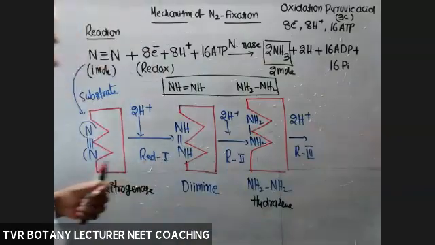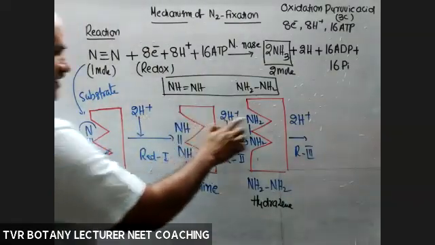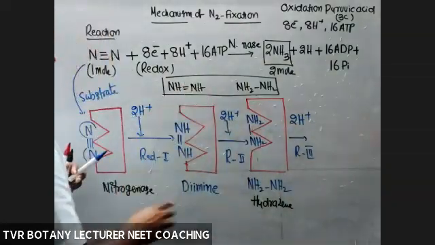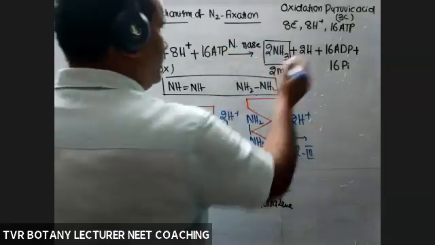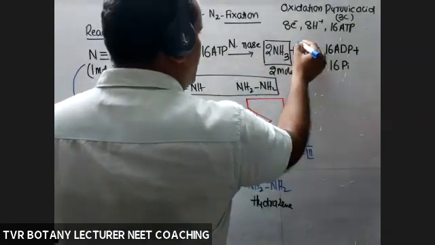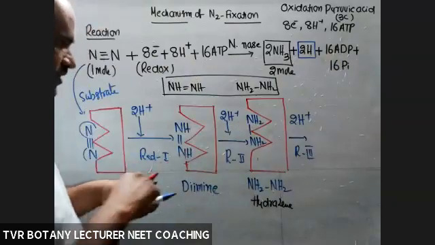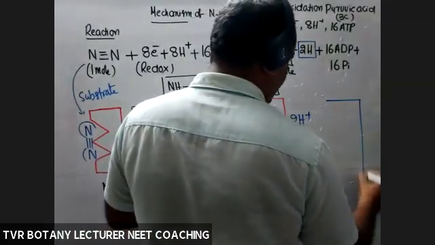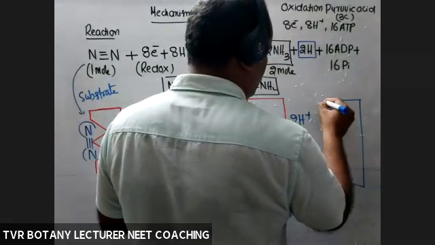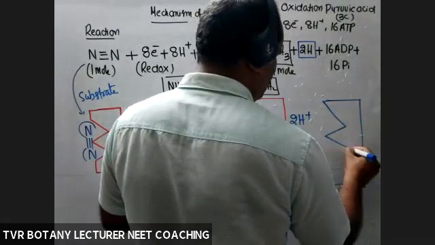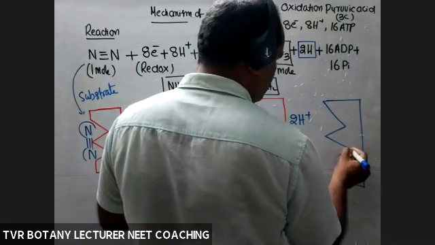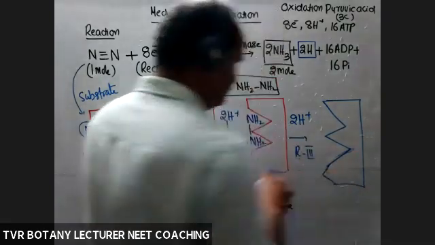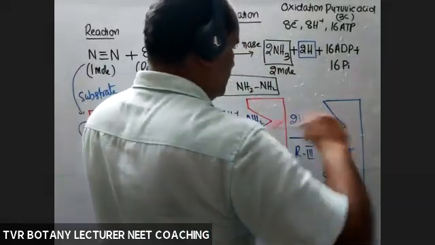Third phase of reduction: 2H plus, 2H plus, 2H plus. Only 6 are consumed, and the remaining are released.